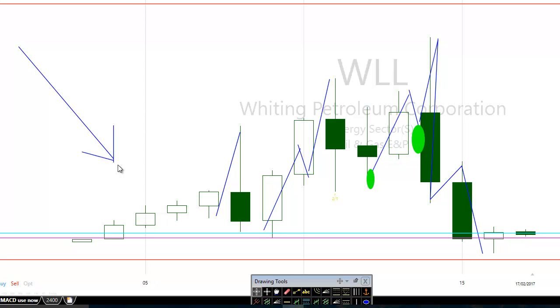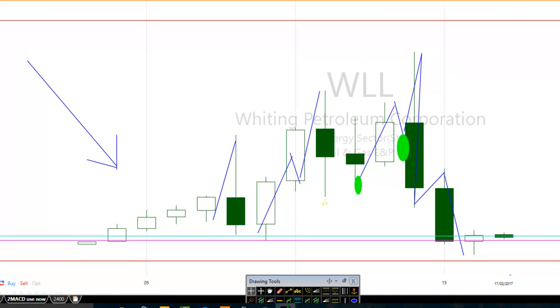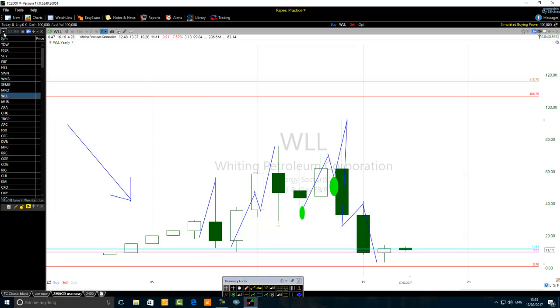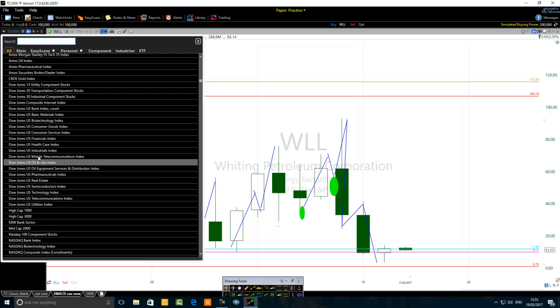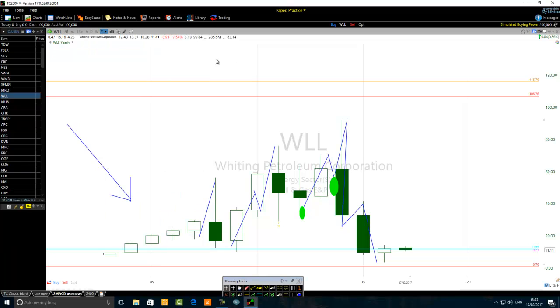The trading software that I'm using here is TC2000, and you can find that in the list here. I can show you now the Dow Jones. I don't want to waste my time. Here it is, Dow Jones US Oil and Gas Index. Those are the stocks that belong to that index, and you can look for stocks that are exhibiting a high probability bullish trading setup.